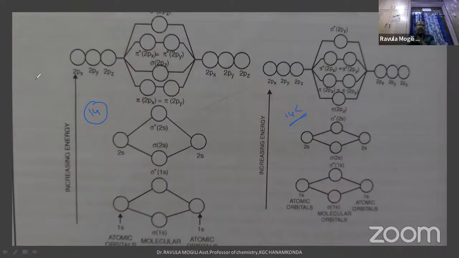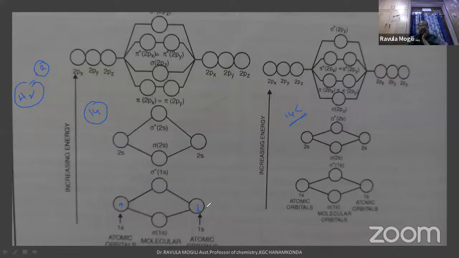Suppose we take a hydrogen molecule. How many electrons are there? One hydrogen has 1 electron, so 2 hydrogens have 2 electrons in total. Each hydrogen has 1 electron, and these 2 electrons have opposite spin.